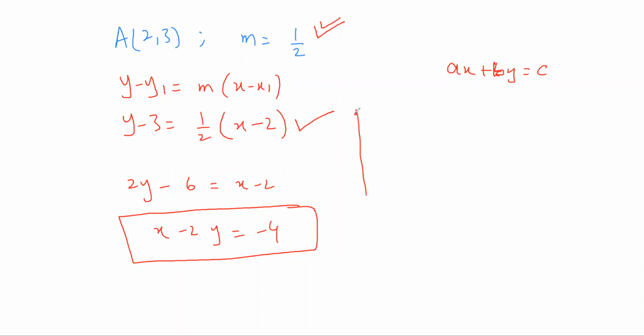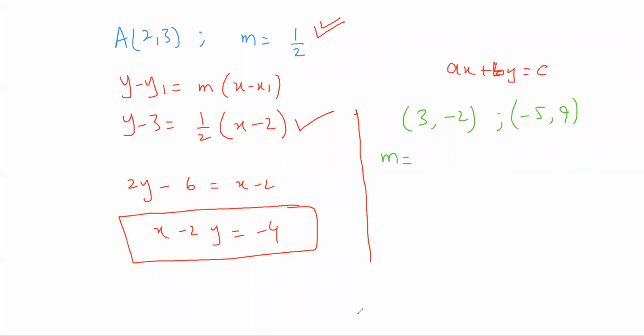But mostly we have 2 points on the line whose equation has to be written. Suppose we have a point which is, let's say, 3 comma minus 2, and another point is minus 5 comma 9. We have to write the equation of the line. So you will quickly find the gradient.